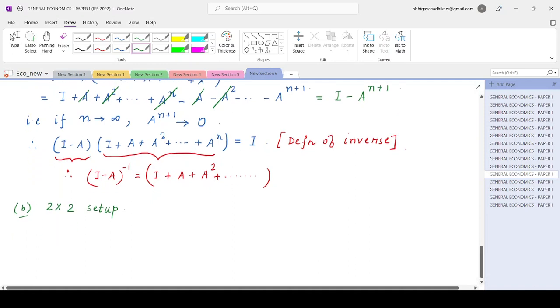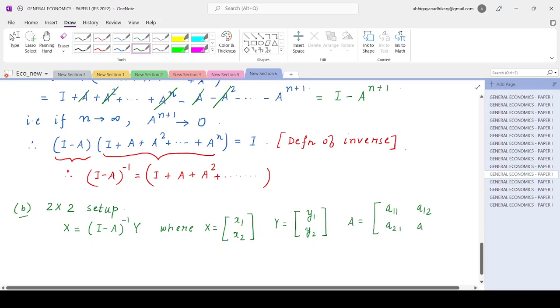Correct? So what is the equation that we are looking at? X equals (I minus A) whole inverse times Y, where in this case your X will have two components, X1, X2. Your Y will have two components, Y1, Y2, and your A will be a 2 cross 2 matrix, A11, A12, A21, A22, right?